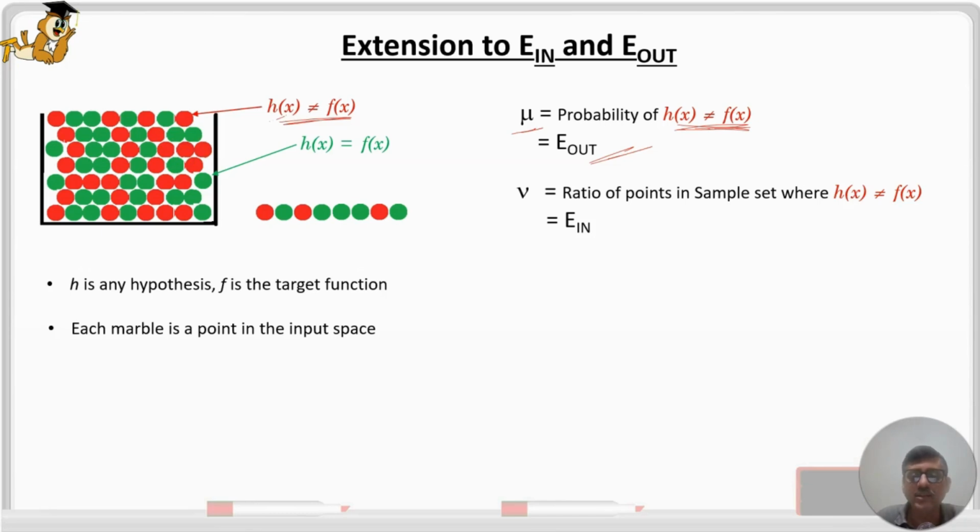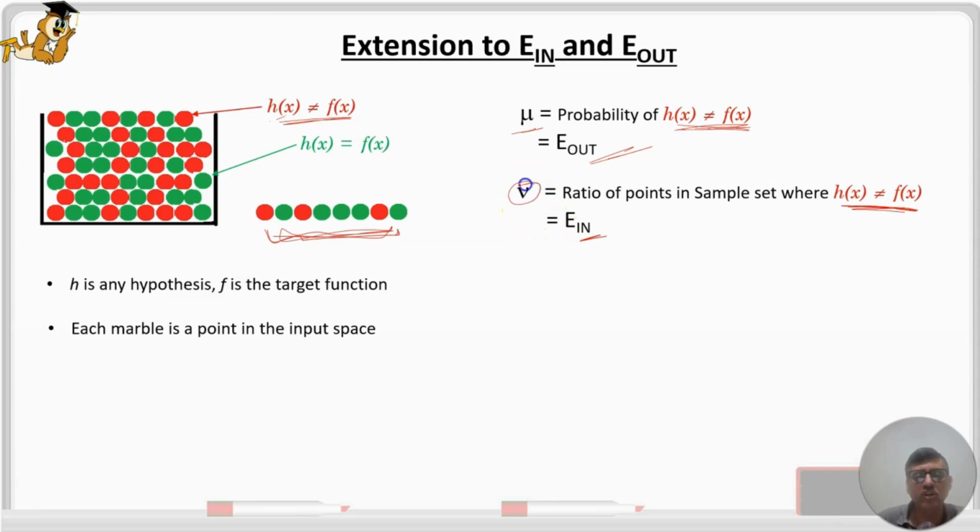Nu, on the other hand, is the ratio of points in the sample set where h of x does not equal f of x, and this is indeed our Ein. So this is your training data that you selected. These were the n points, or n marbles, that you selected from this infinite bin, and on this set of n points, the ratio of red marbles, which is the ratio of points where h of x does not equal f of x, is Ein.